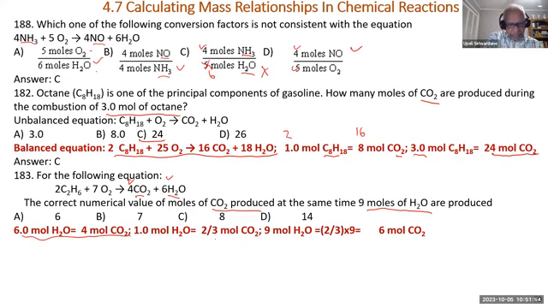Then I simplify. 1 mole of water is equal to 2/3 of carbon dioxide. This is 9 moles. Therefore, you calculate for 9 moles of water. That gets 6 moles of carbon dioxide from 9 moles of water. The answer is 6. 6 is the choice A. That's how you do the calculation.